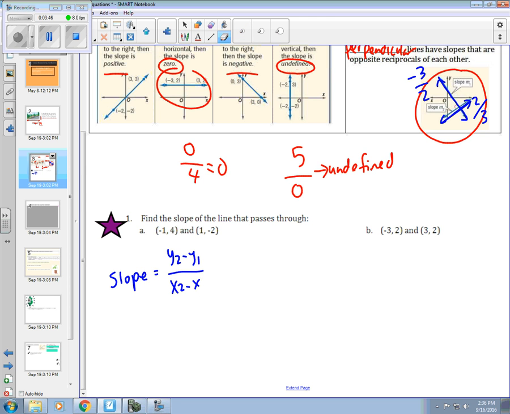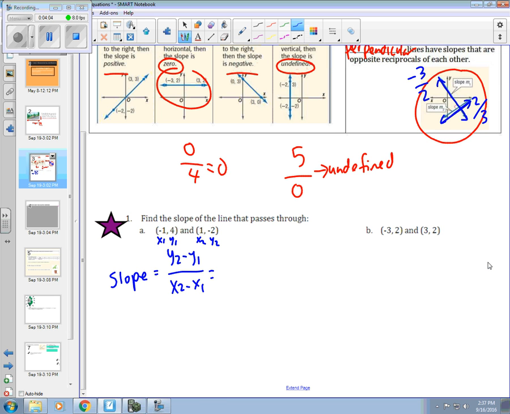So what we can do is subtract the y's and subtract the x's. It doesn't matter which order you do them as long as you do the same order each time. A lot of people, to start with, like to put x1, y1, x2, y2 to make sure they keep them straight, if that helps you.